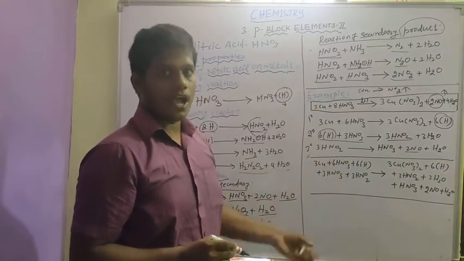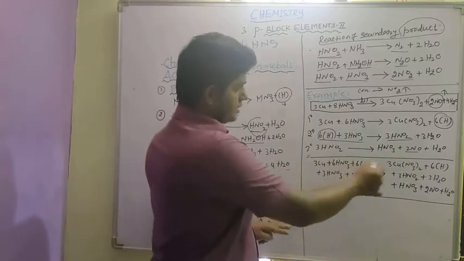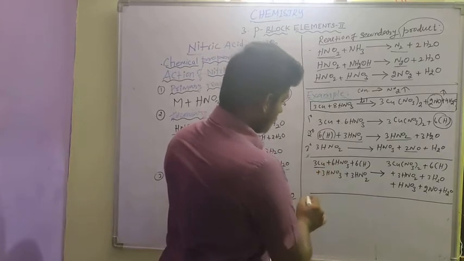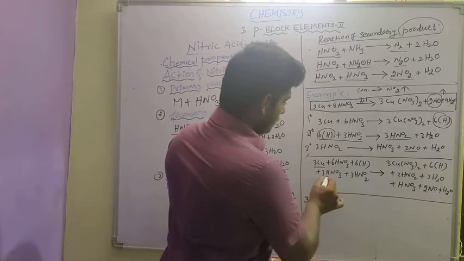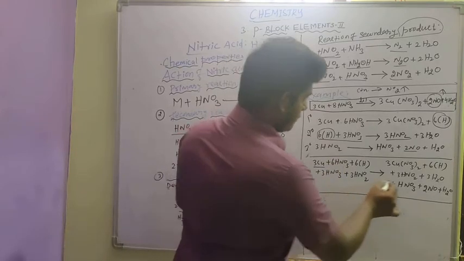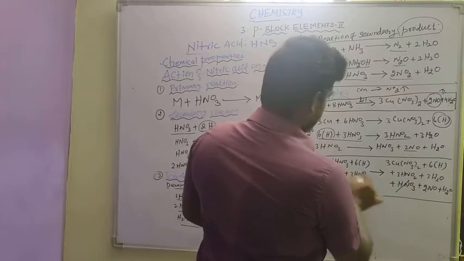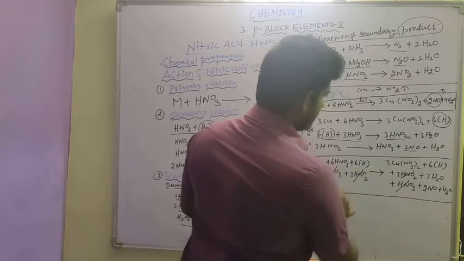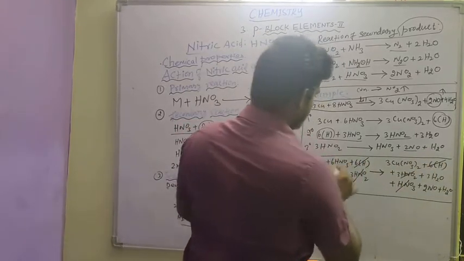For the overall reaction, I have the reactant side and the product side totally. Here I can say cancelling. So 3 copper is present. I can write 3 copper. 6 HNO3 plus 3 HNO3, totally 9 HNO3 is present, but here 1 HNO3 is cancelled, and the rest remains. 3 HNO2 and 3 HNO2 cancel, also 6 nascent hydrogen and 6 nascent hydrogen cancel.